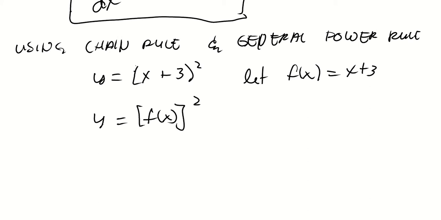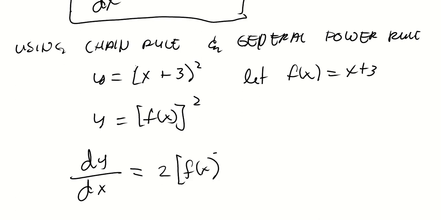Then if you take the derivative of this one, the derivative of y with respect to x will be equal to, first we bring down the exponent, then copy f(x), then you subtract 1 from the exponent. But it's not yet done because it's the chain rule. There's still f(x) inside here, so you still need to multiply it with the derivative of f(x) with respect to x.